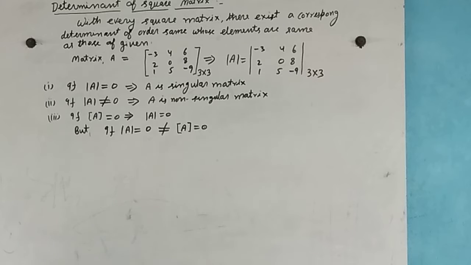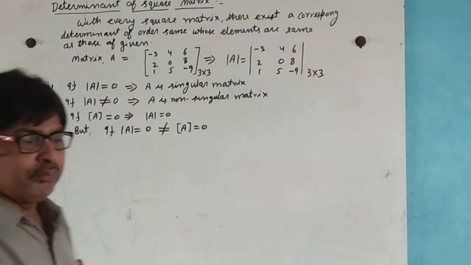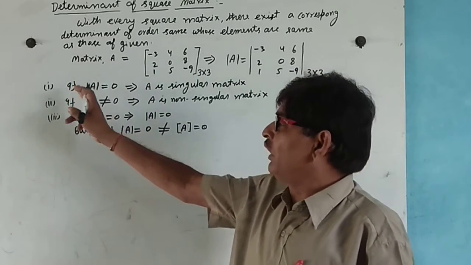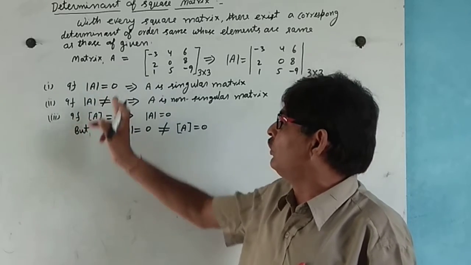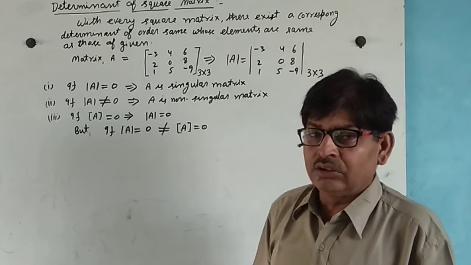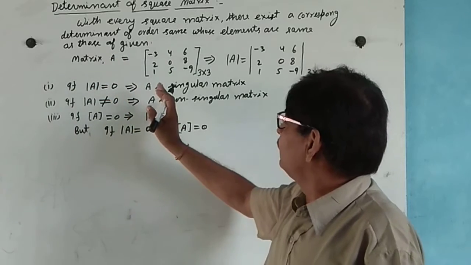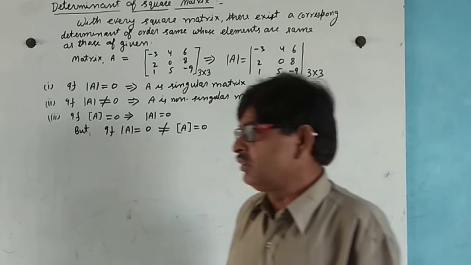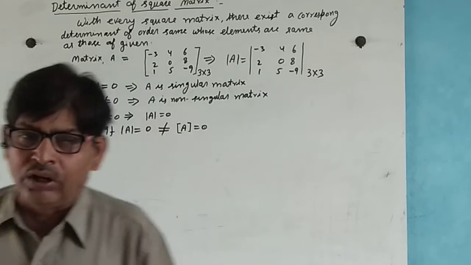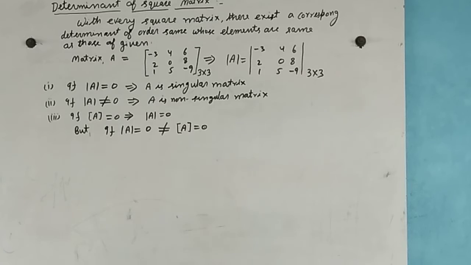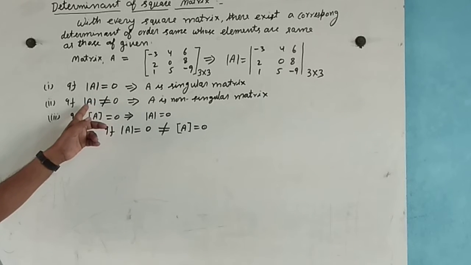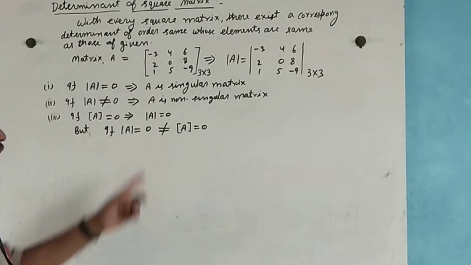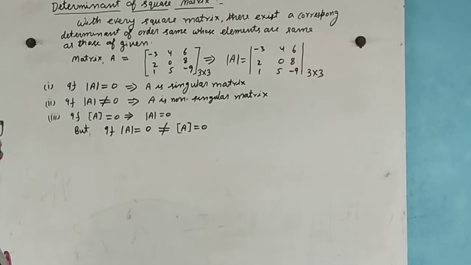Now, if the value of the determinant of matrix A is equal to 0, then the matrix A is called a singular matrix, and if the determinant of A does not equal 0, then A is a non-singular matrix.